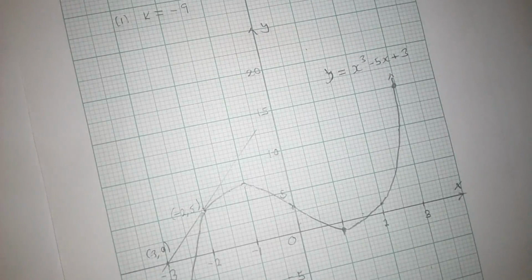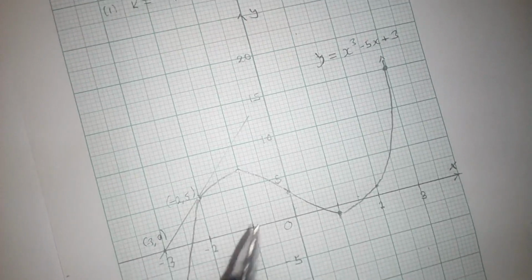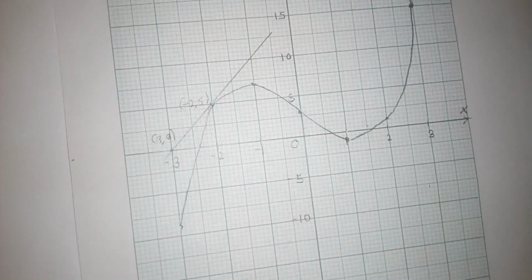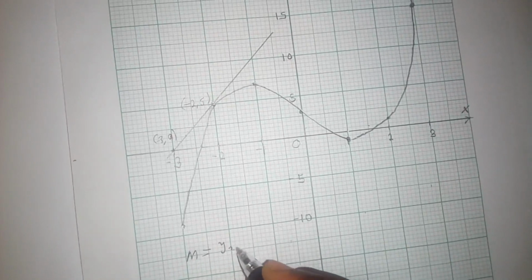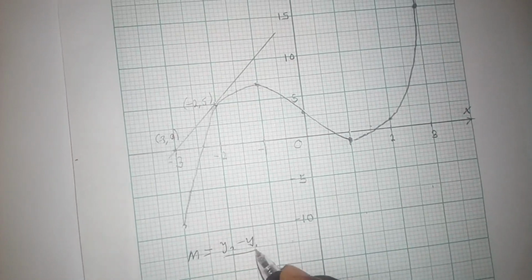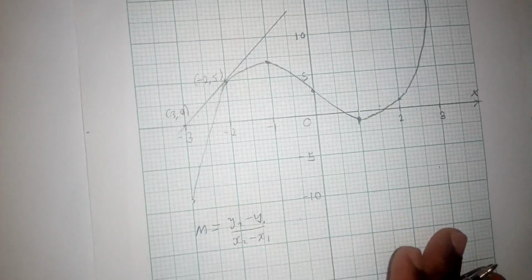So since I've picked -3, 0, I'll use the formula for finding the gradient of a straight line, which is m is equal to y sub 2 minus y sub 1 over x sub 2 minus x sub 1. So this is the formula.